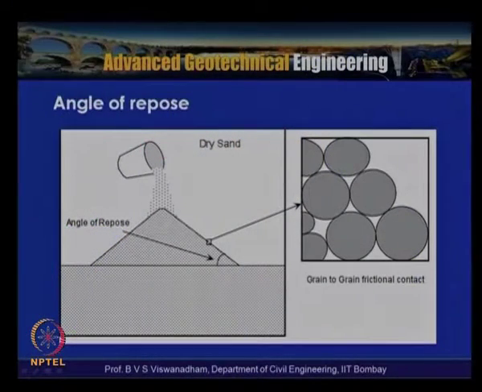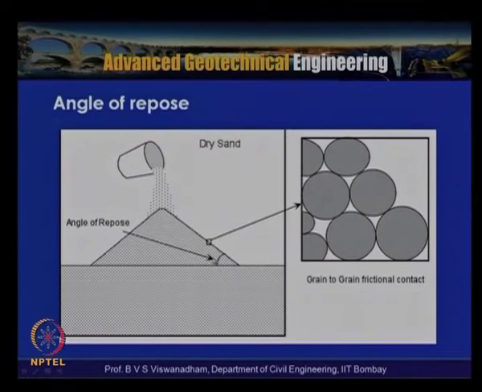So, in general, for dry materials, the angle of repose increases with increasing grain size, but usually lies between 30 to 37 degrees. That means the sand cannot stand vertical or steeper than this angle of repose. In this slide, what you see is a pile of sand formed with dry sand.